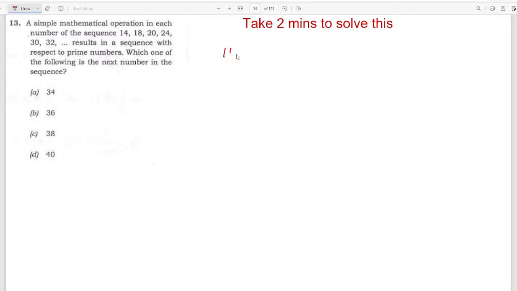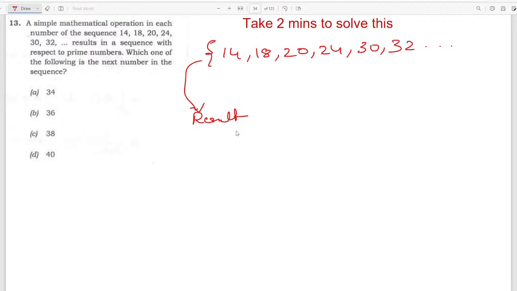They are saying that if you apply a mathematical operation to these numbers, the result you get is prime numbers. Which one of the following is the next number in the sequence?